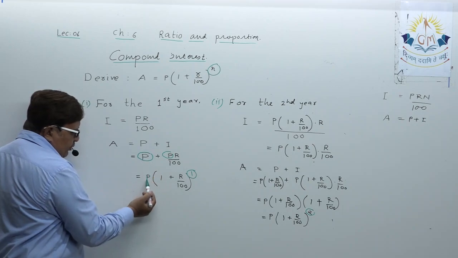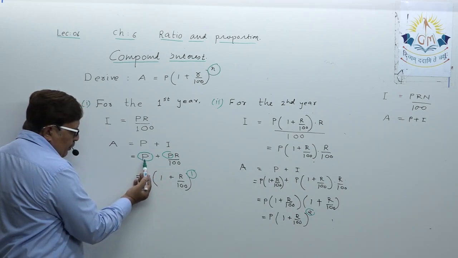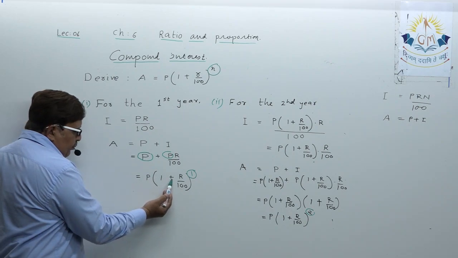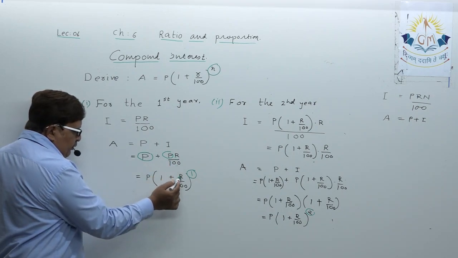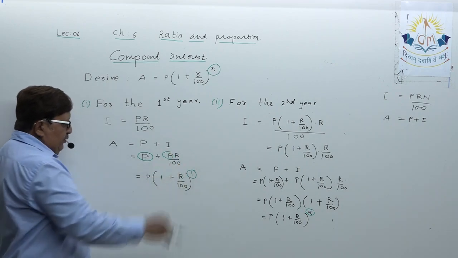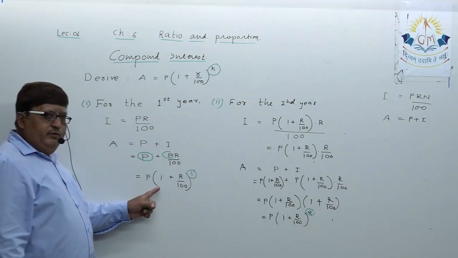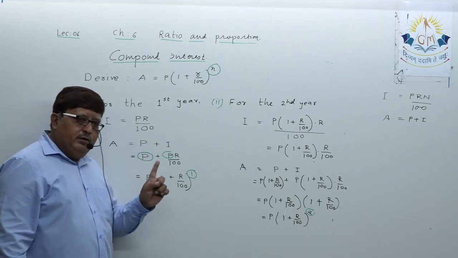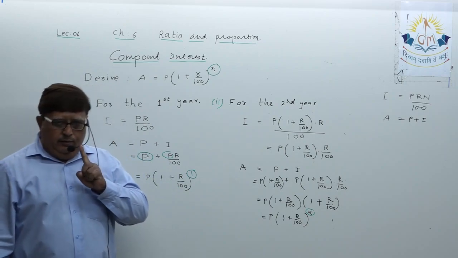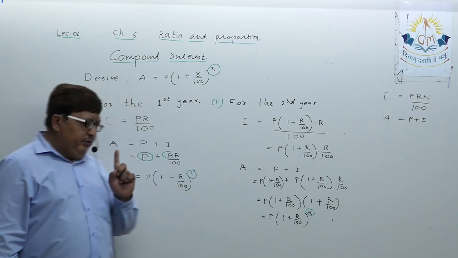P. See, I have taken out. What is left here? 1 plus. What is left here? R upon 100. No power means I just said 1. This is the amount at the end of first year.